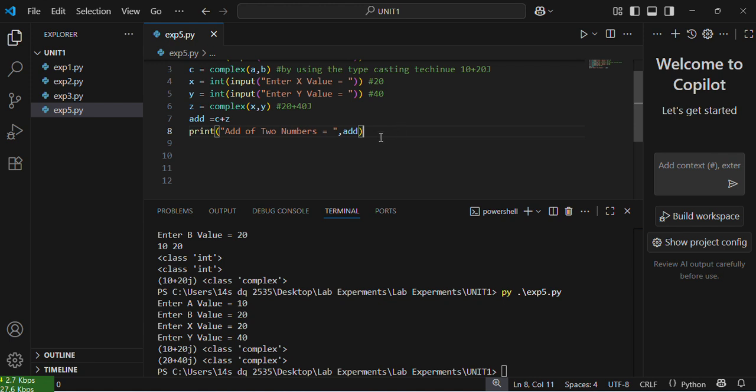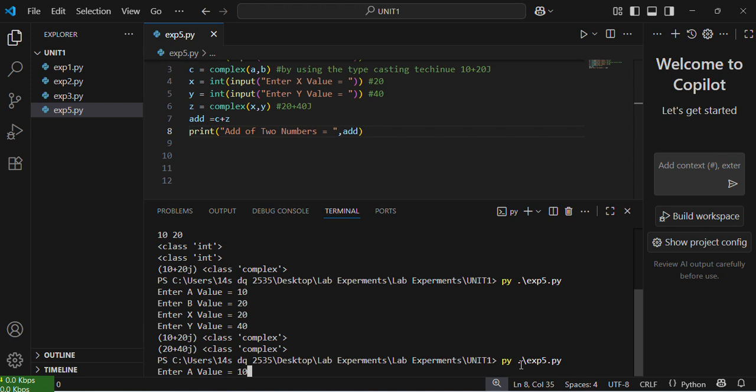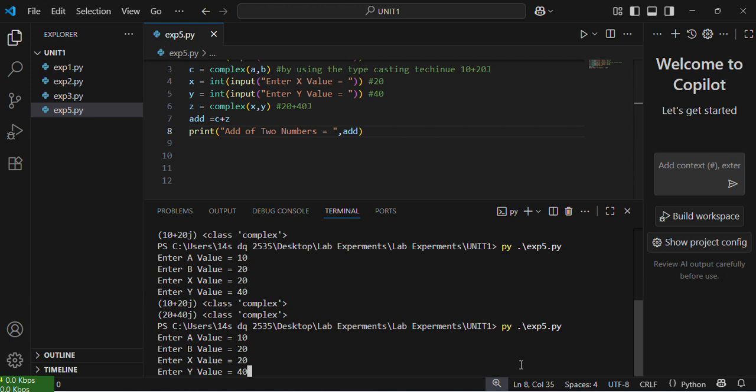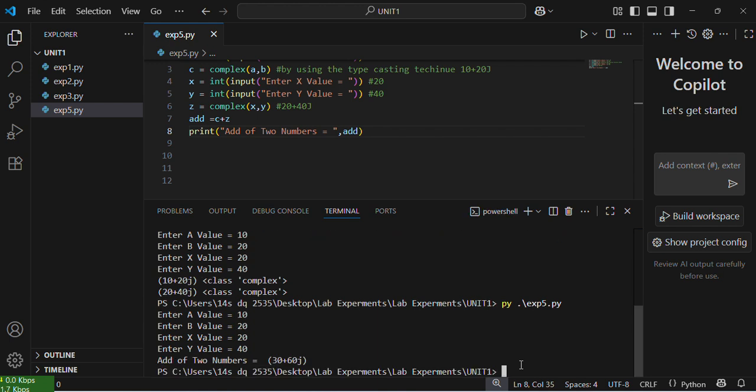Run the program with 10, 20, 20, 40. In complex numbers, the real values are added, 10 plus 20 equals 30, and then the imaginary values, 20 plus 40 equals 60.